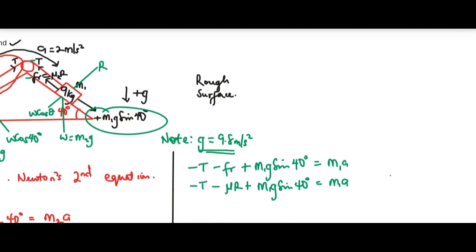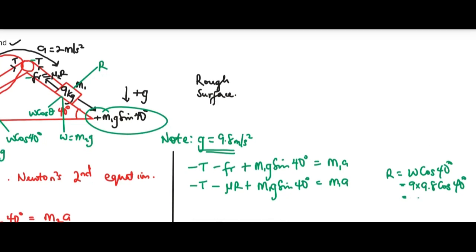Where our R is equal to W cos 40 degrees, and W is M1G, that's 9 times 9.8 cos 40 degrees. So we have this to be 67.565 newtons.